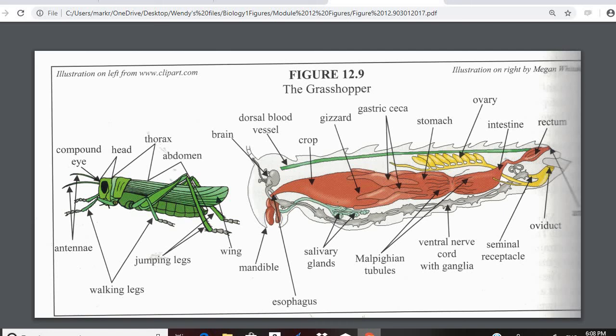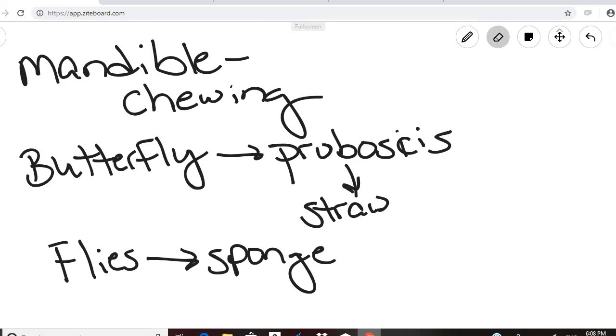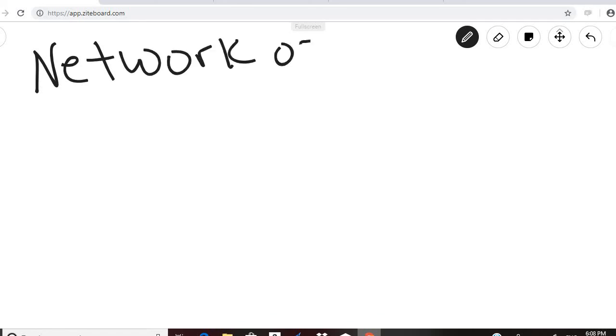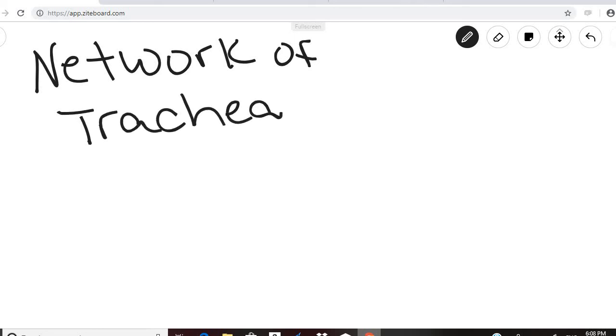One other thing that these organisms have is a series of tubes throughout their body. They have a network of trachea, and your trachea is called your windpipe.